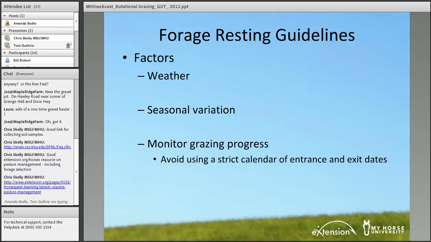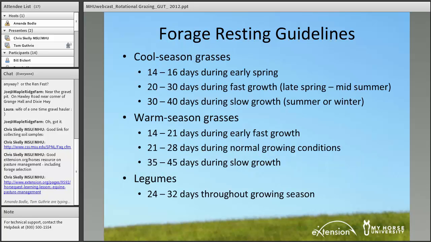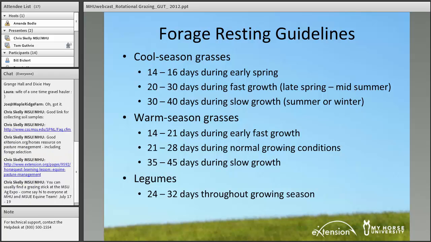You might be better off monitoring the grazing progress or the regrowth of the specific forage species that you have within your pastures. So, as stated in a previous slide, in general, for every 7 days of grazing, a pasture will need at least 7 days to regrow, and more often than not, it may need more time.